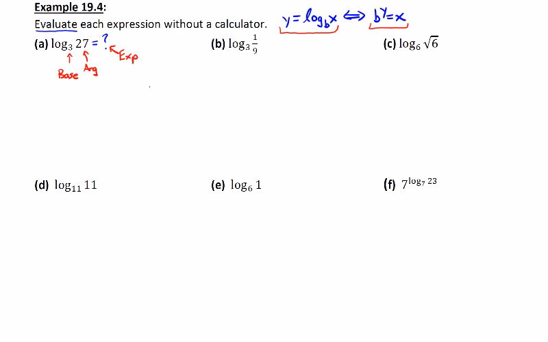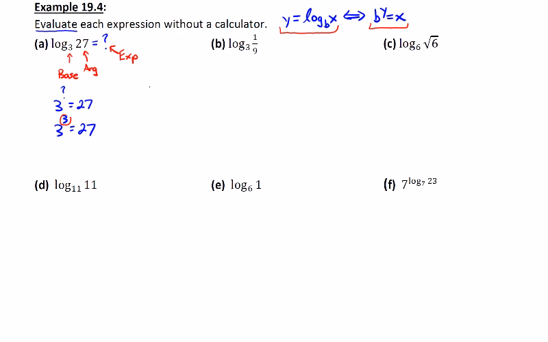So if I rewrite this in exponential form using the definition, I would have 3 raised to that question mark needs to equal 27. And then you can play around with the powers of 3, and you can figure that 3 to the third power is what gives you 27.